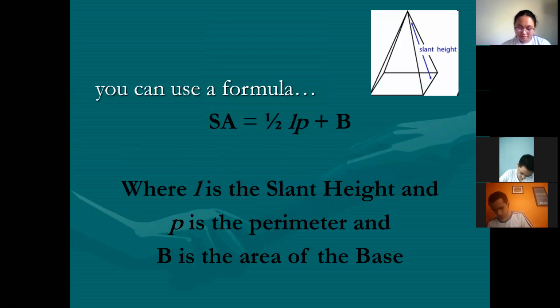And the formula to find the surface area of a pyramid is 1/2 the slant height times the perimeter plus the area of the base. Or you can manually compute the area of all the lateral faces, add them, and then add the area of the base. Just the same, class.